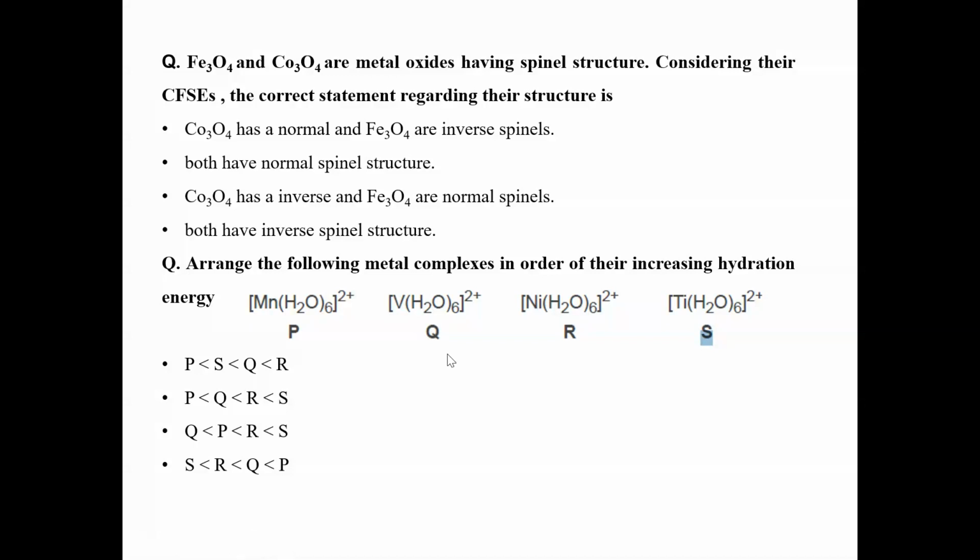And what about Fe3O4? Just practice. Okay, put the bivalent and trivalent cations in the octahedral as well as tetrahedral environments, calculate their CFSE and compare, and you will be getting the right answer. Okay, you can try also.